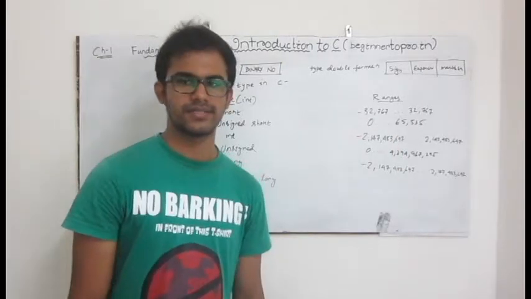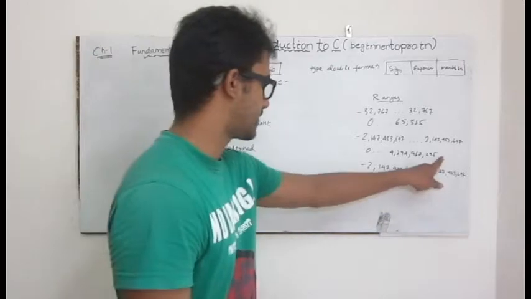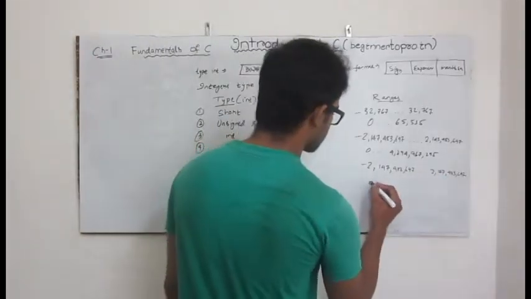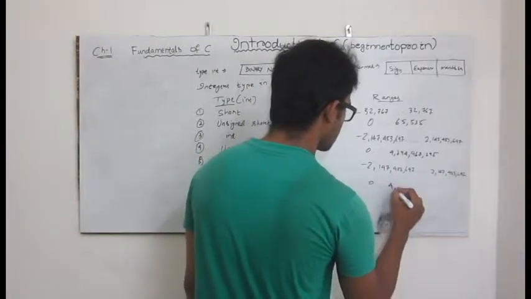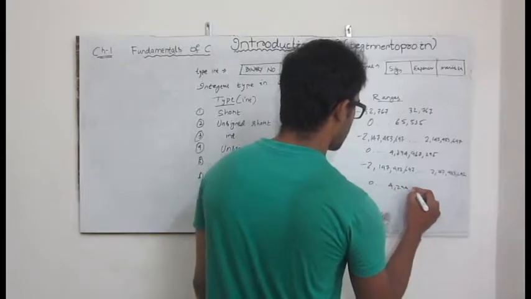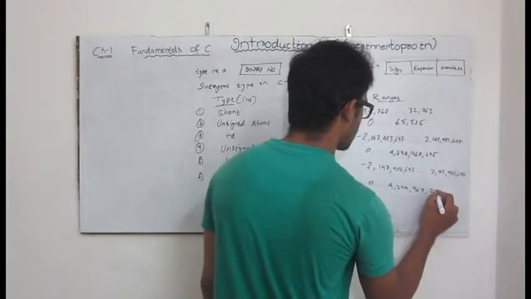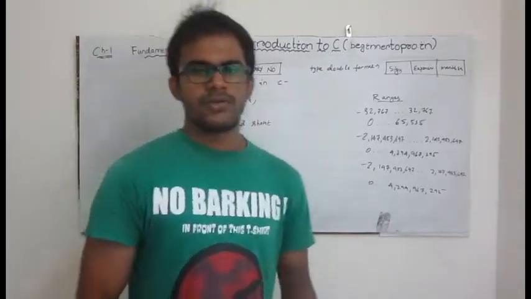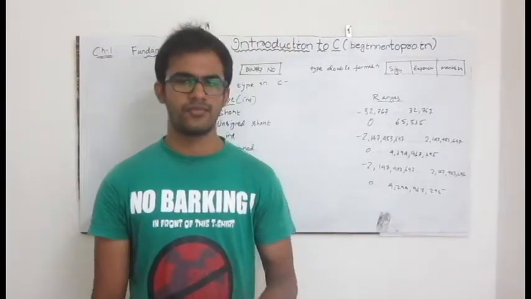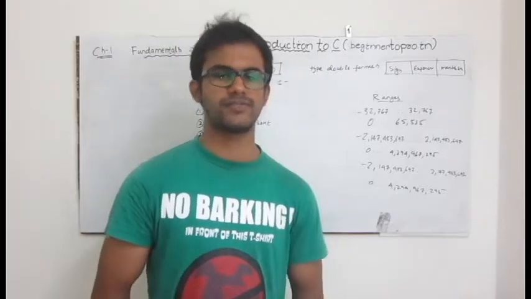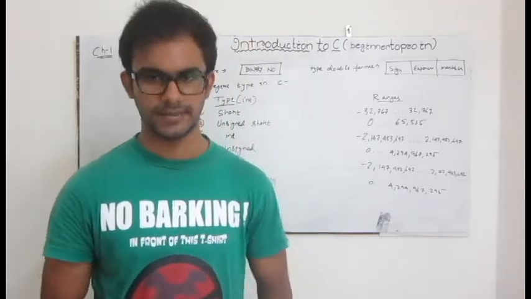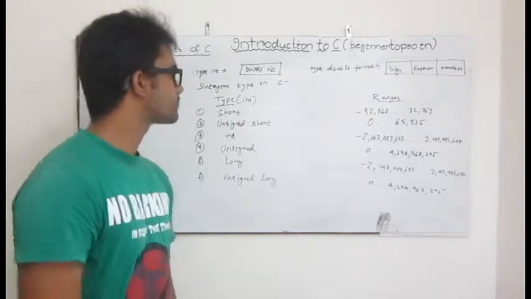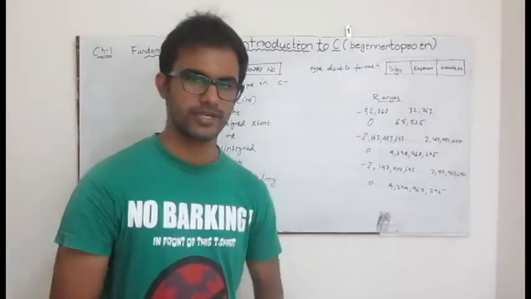Okay, this is also same as this, 4294967295. So moving to the next, we'll discuss more on floating point types in C. Okay, so let's go to the next part.